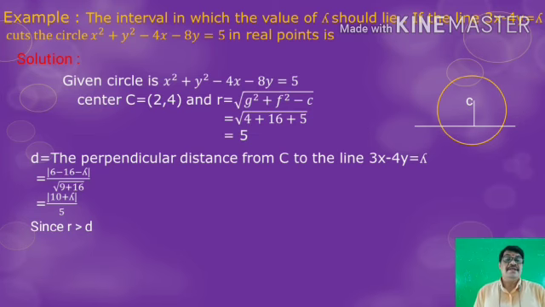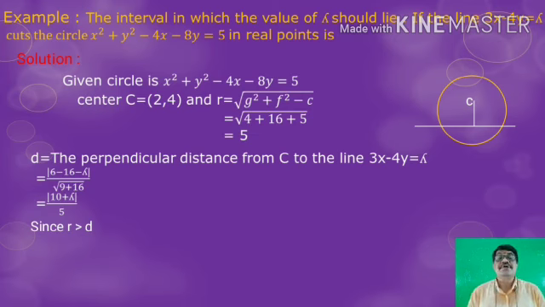The given line is 3x minus 4y is equal to lambda. Now what is the perpendicular distance small d? The center is 2, 4 and the given line is 3x minus 4y minus lambda is equal to 0. Now we have to find the perpendicular distance from the center to the given line. So what is the distance formula? Modulus of ax1 plus by1 plus c by root of a square plus b square.